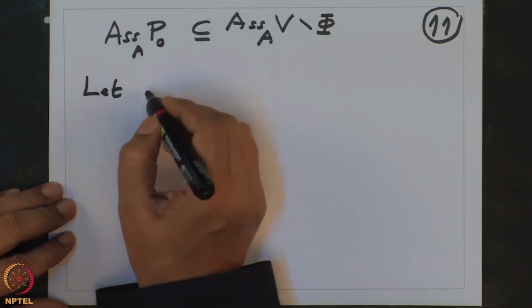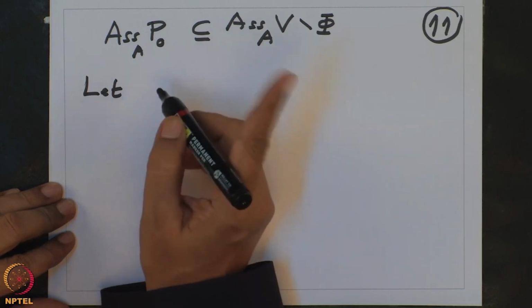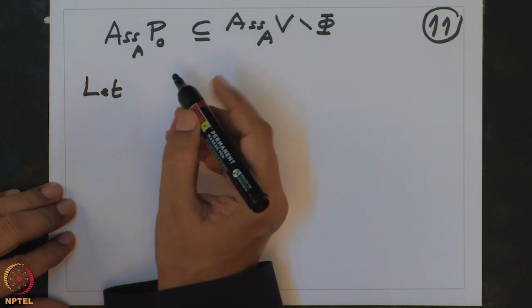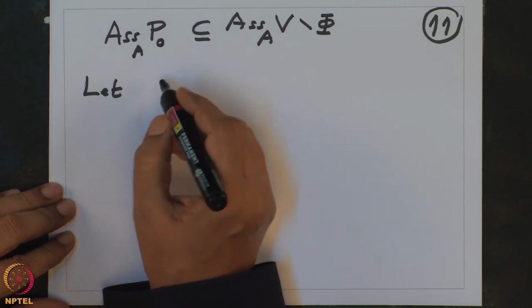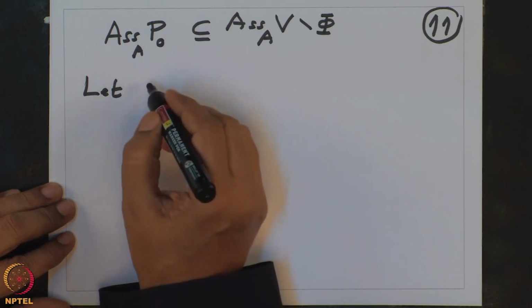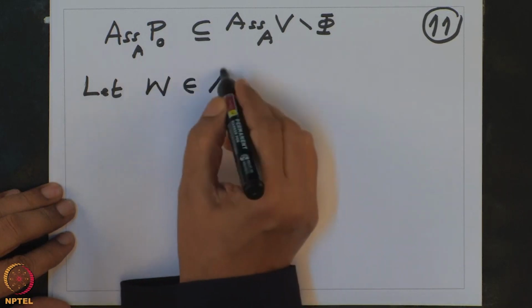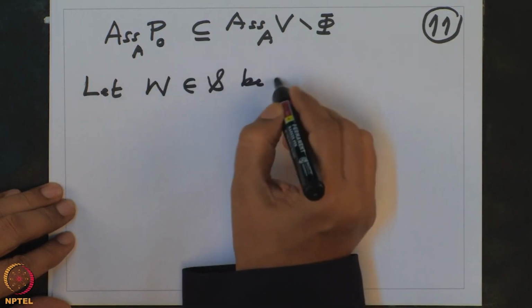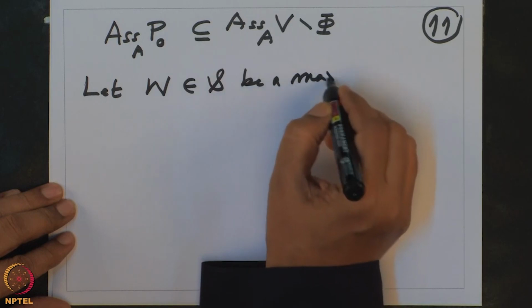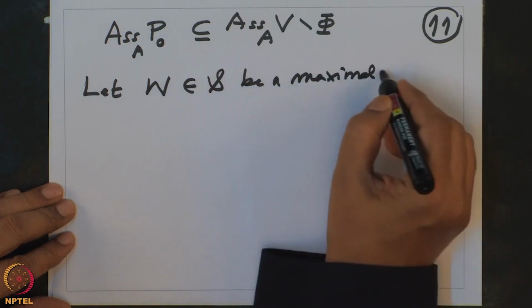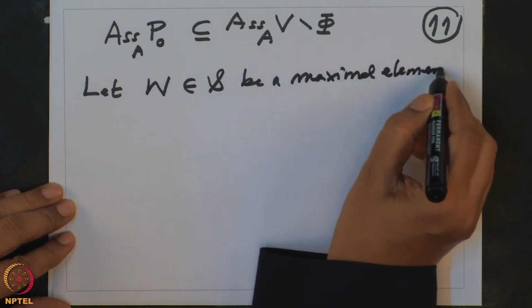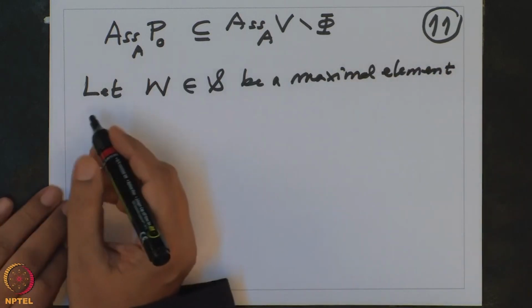We check that this ordered set has a maximal element. So let capital W in S be a maximal element with respect to inclusion, and then I want to check that.